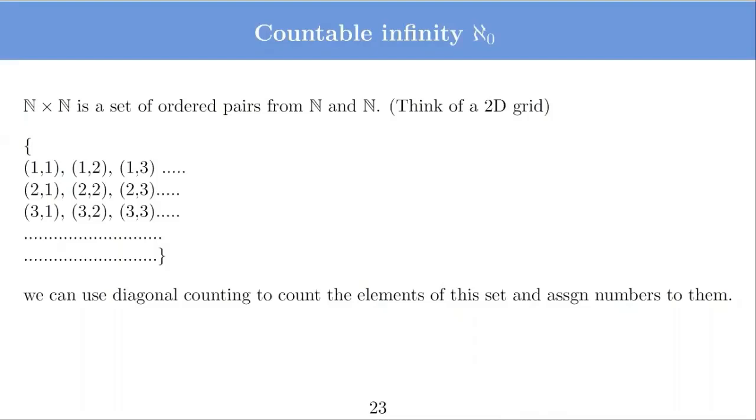The other question people ask is, if I give you a natural number, can you tell me which pair, which element it is assigned to? You should be able to.